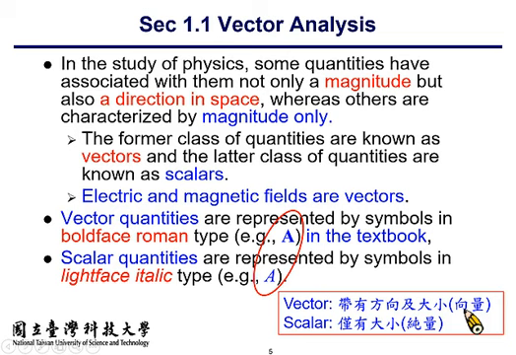Make sure you understand the difference. When I studied electromagnetics in college, I had almost finished the semester before I realized these two things are different, one is a scalar and one is a vector. The vectors are printed in boldface Roman, so they are wider and bolder, and the scalars are printed in lightface italic, like this. So it's critical for you to differentiate between scalars and vectors.